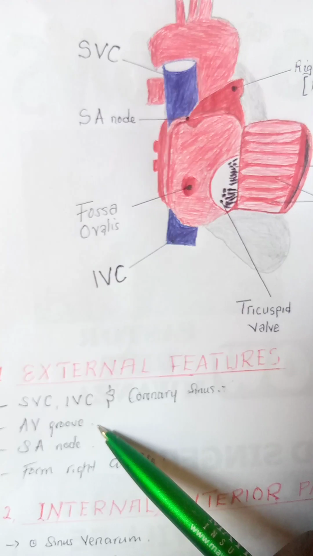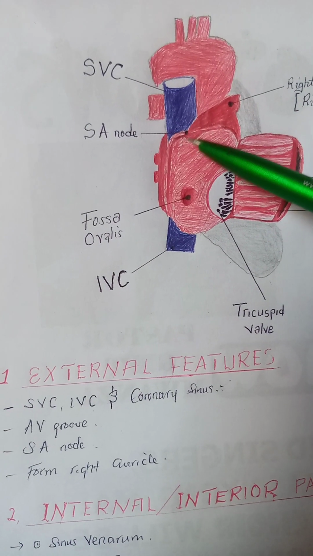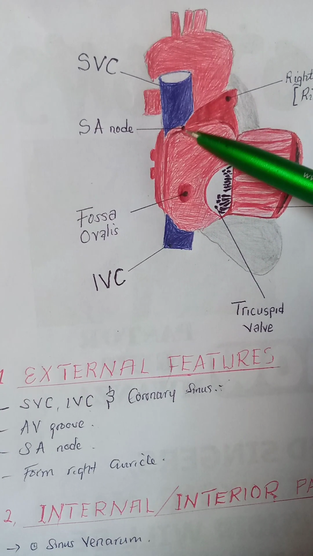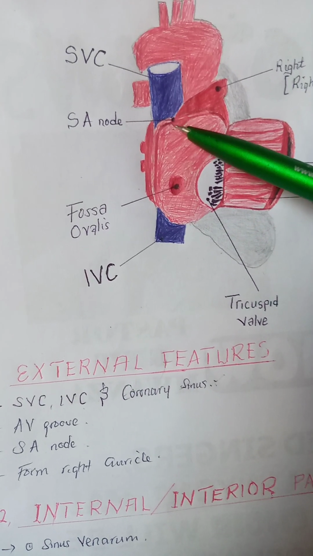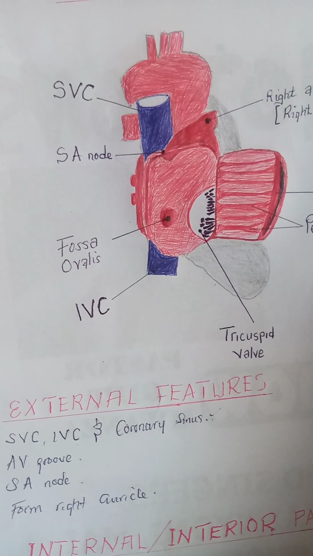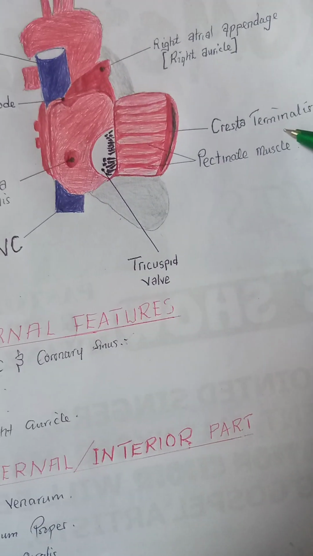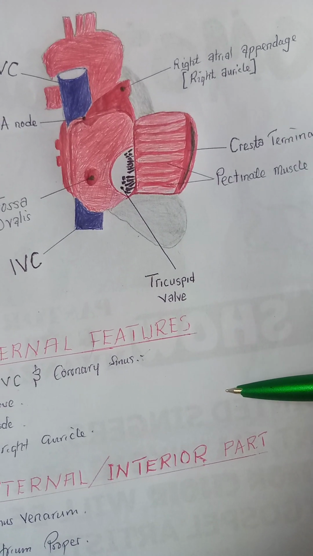Aside from that, you also have the SA node. You can see here the SA node is on the superior aspect of the sulcus terminalis. So you have the sulcus terminalis, and you also have the crista terminalis. We'll talk about the crista terminalis when we talk about the interior part.